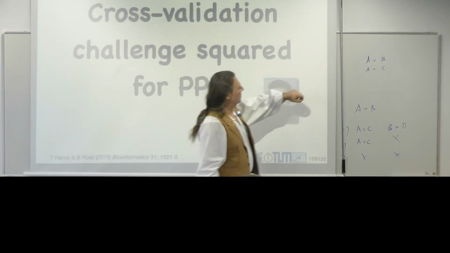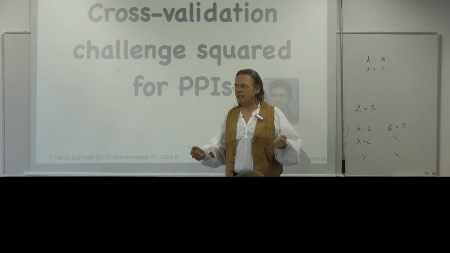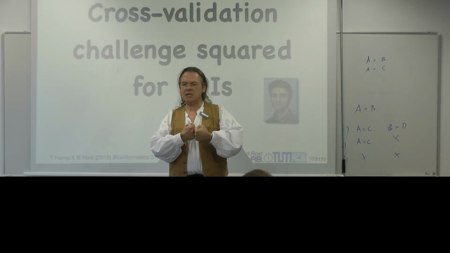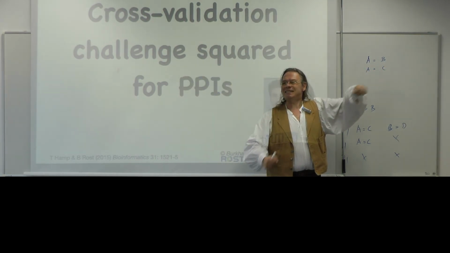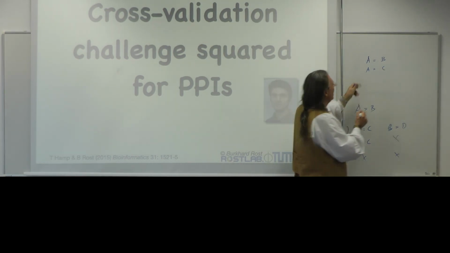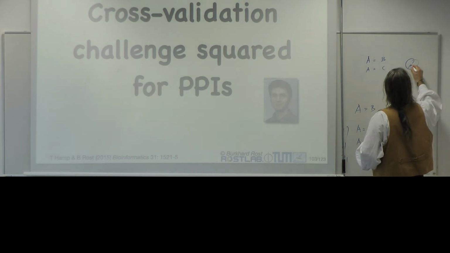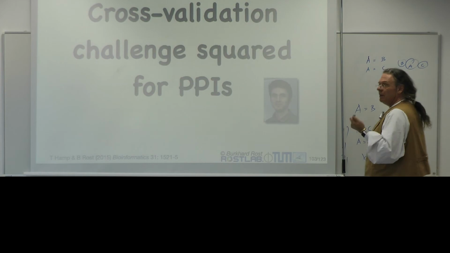So we thought that as long as B and C are different, this is a different interaction. Going back to the physical model, it could even be that A interacts with B at a different site, on a different side really. So this is A, this is B, and this is C. It could be like that.